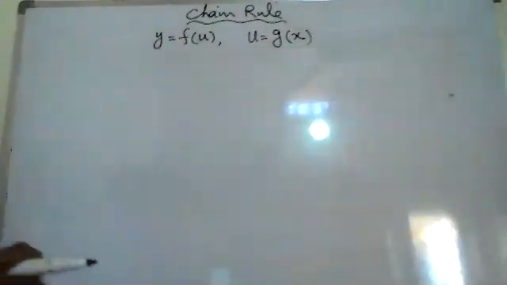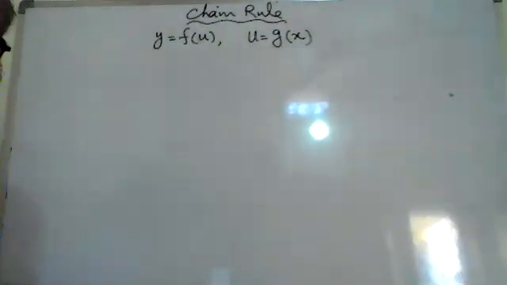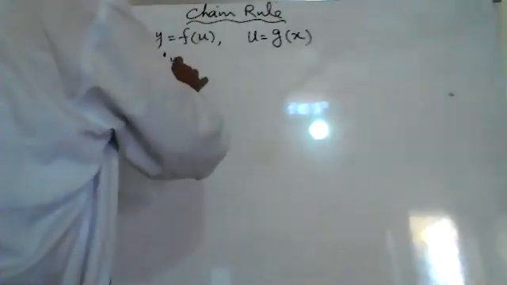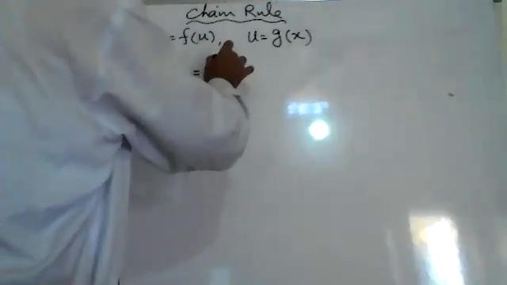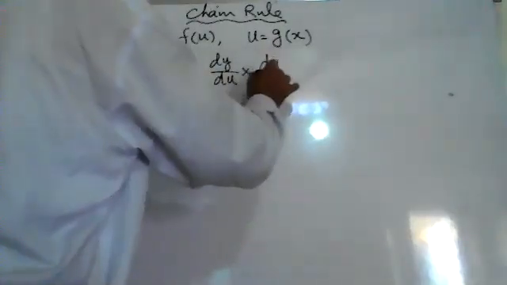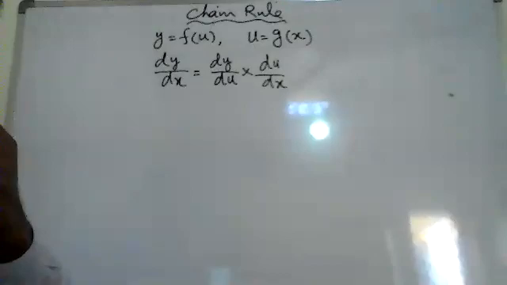So how to find dy upon dx? Dy upon dx will be equal to dy upon du into du upon dx.